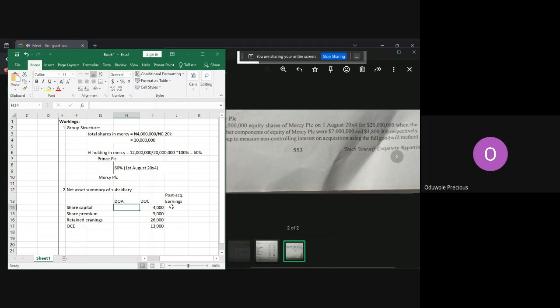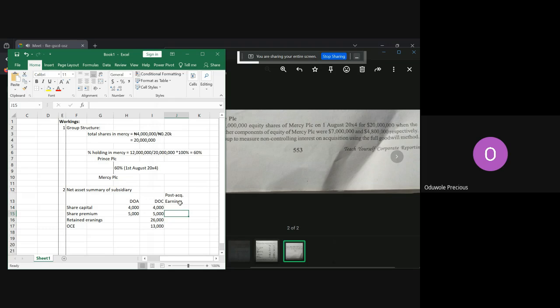So for the share capital, if they did not say anything, just put down the same figure. The same thing goes for the share premium. Put down the same figures, except they specify that something happened that caused the figure to change, maybe they bought more shares or something. It is going to be the same.